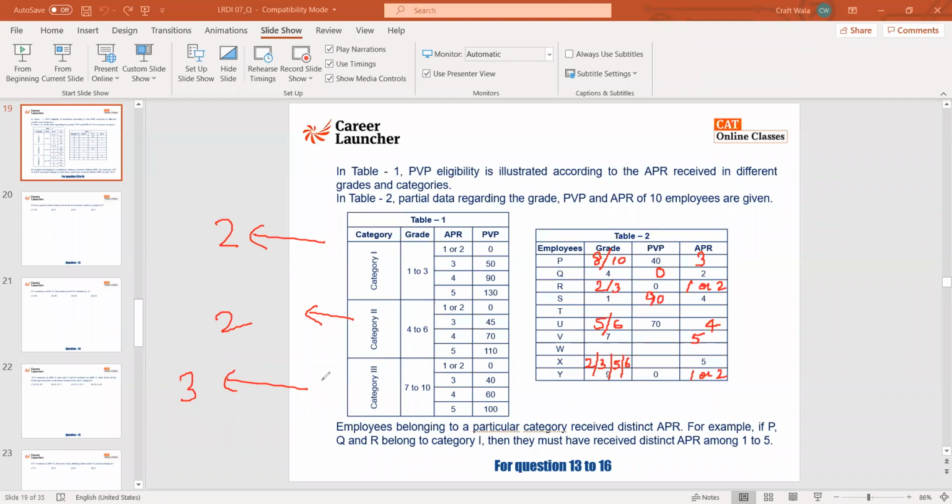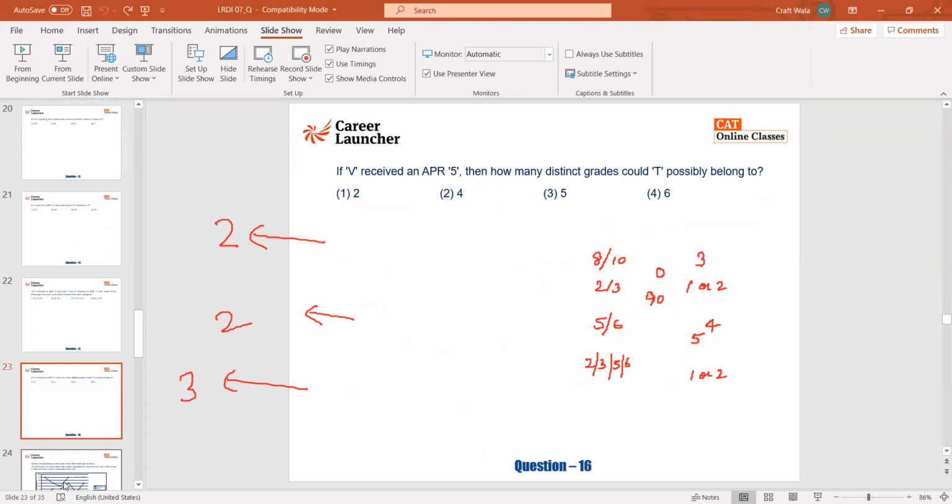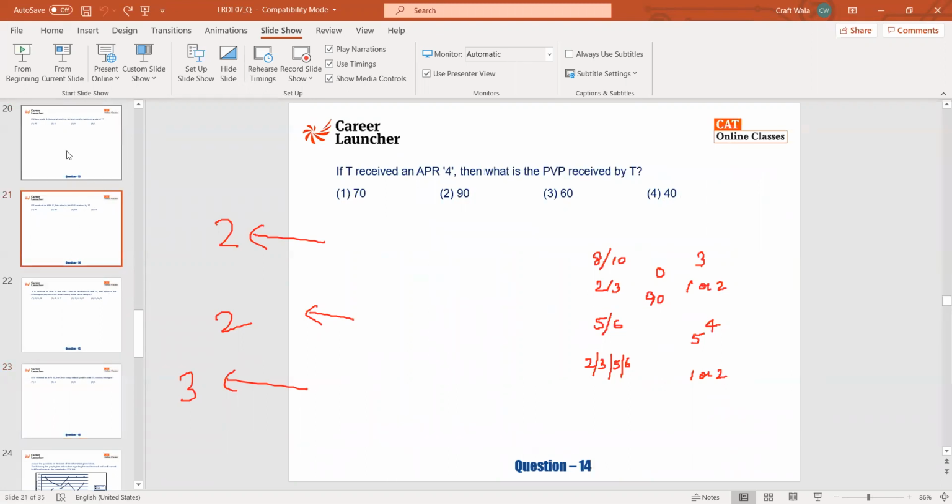Okay, we have been asked, if V receives an APR 5, how many distinct grades can T have? So T can have what all grades? Let's see.